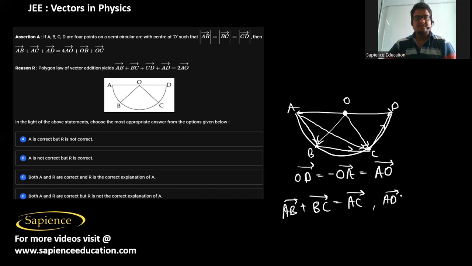And AD vector will be equal to twice of AO vector.